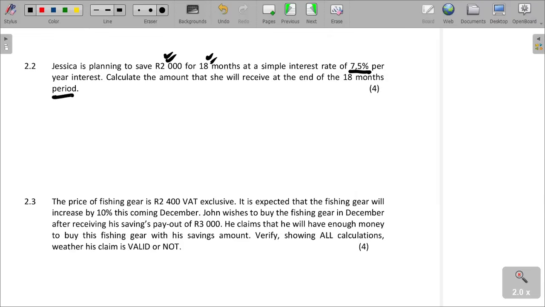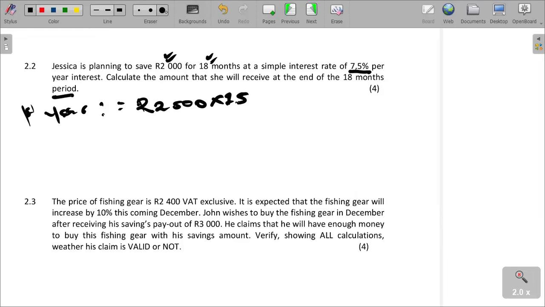So what we need to understand is that for the first year, she is going to save 2,000. We multiply by the rate that she's saving at, 7.5%.